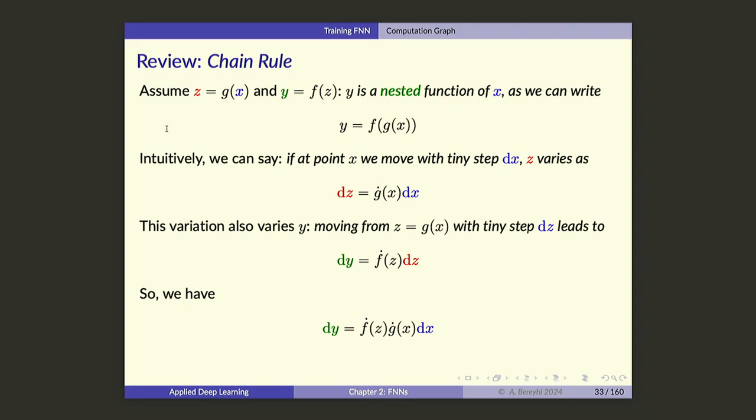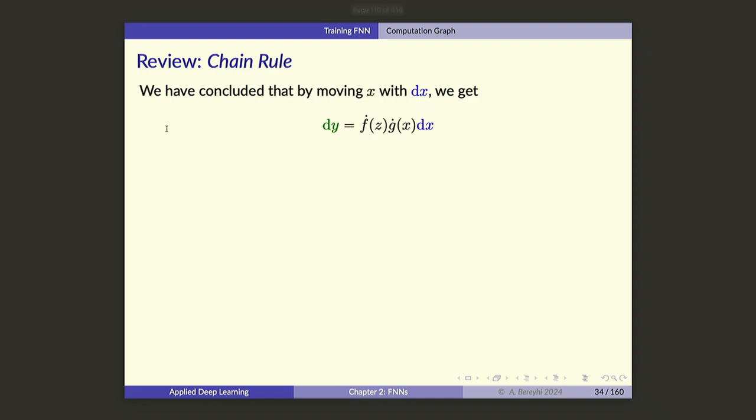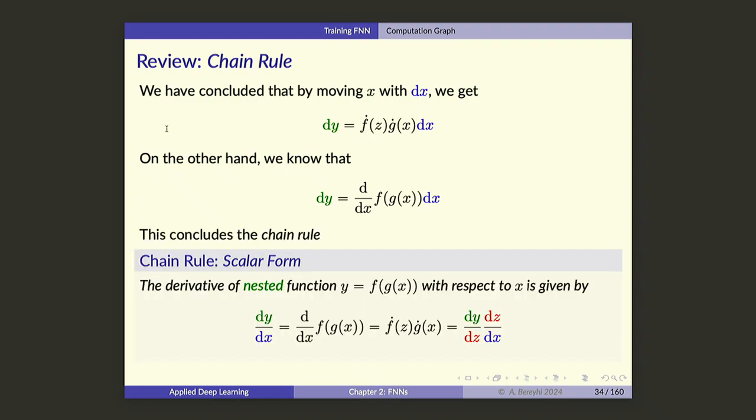So this is the chain rule. Most of you know it. The derivative of your function y with respect to x is basically this product. And we have this scalar form of the chain rule.